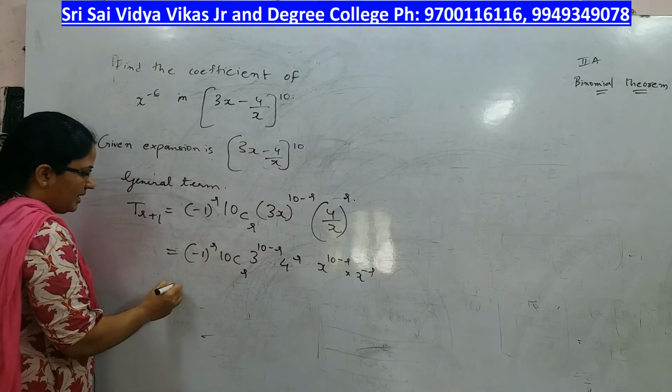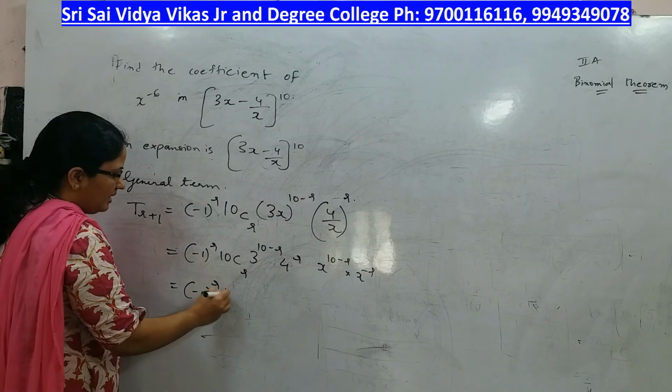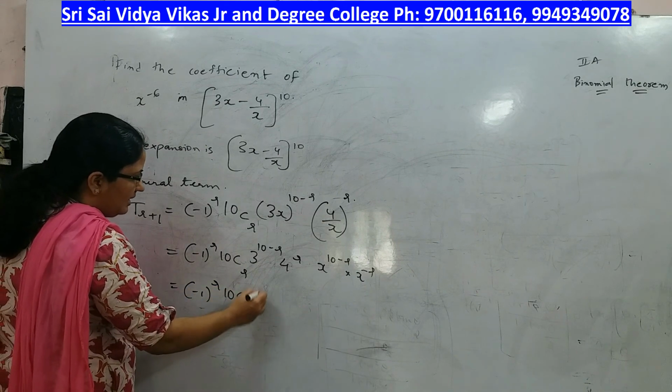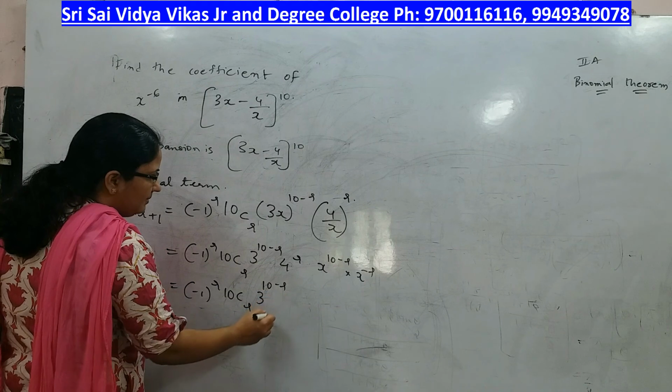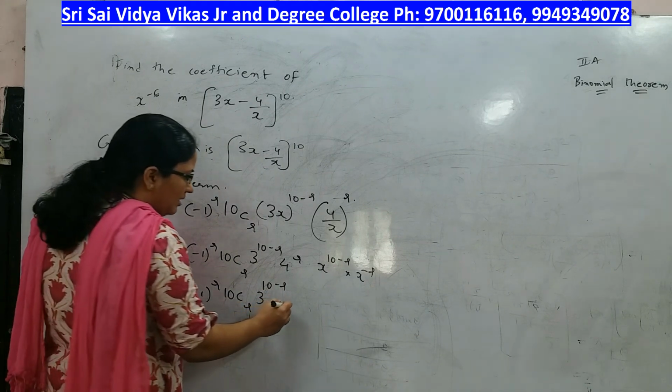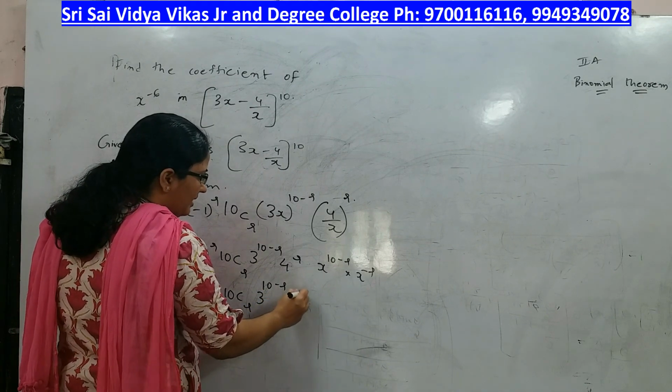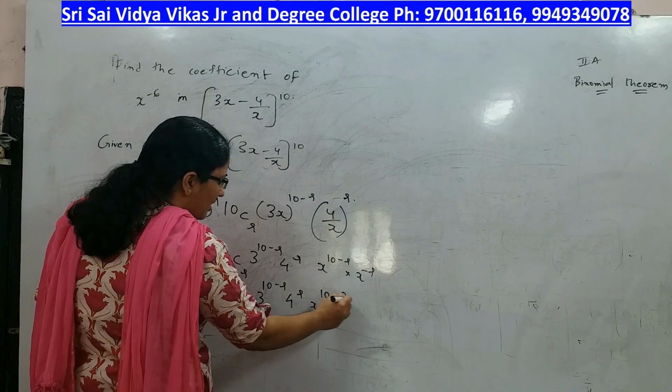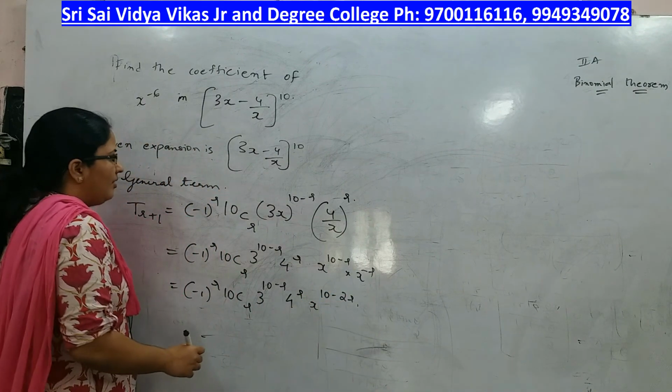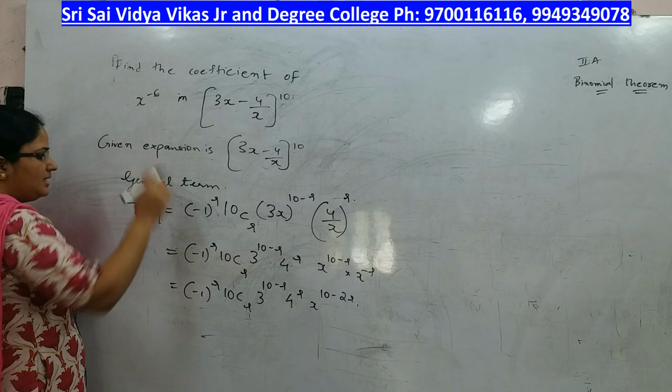So this is nothing but minus 1 whole power r, 10 Cr, 3 power 10 minus r, 4 power r, x power 10 minus 2r. We want it of x power minus 6.